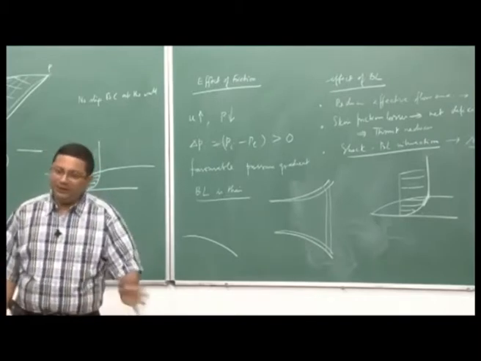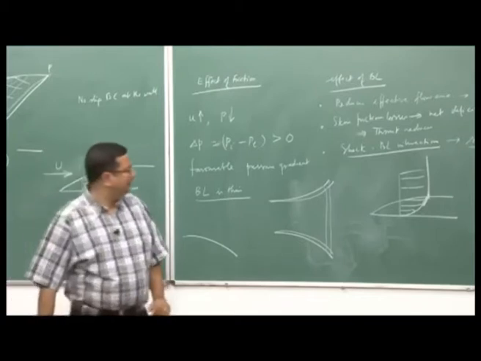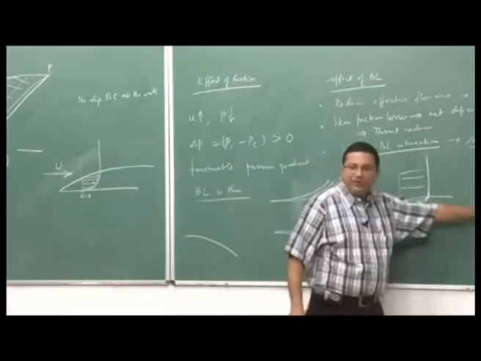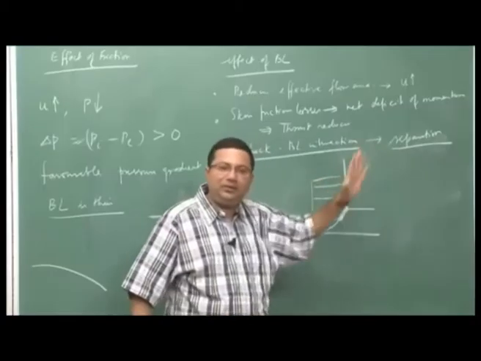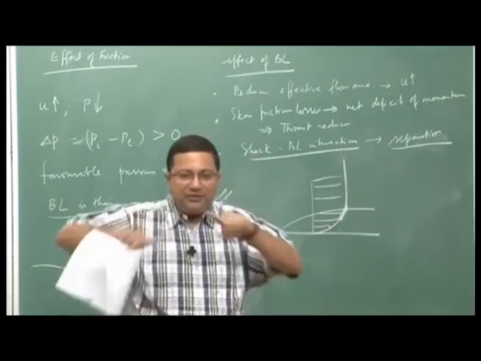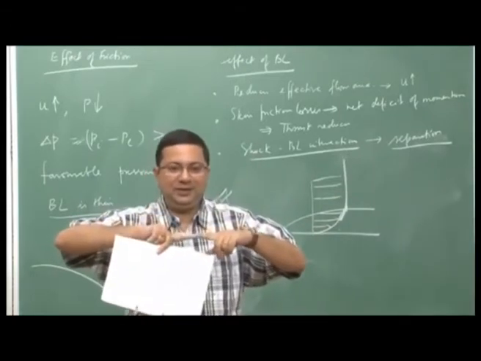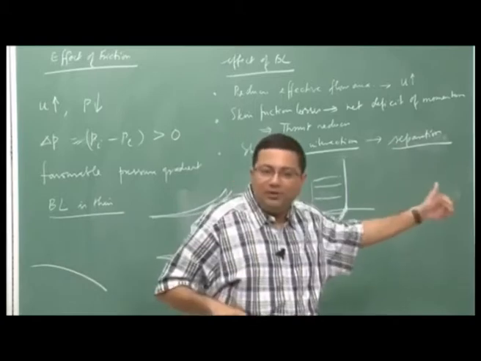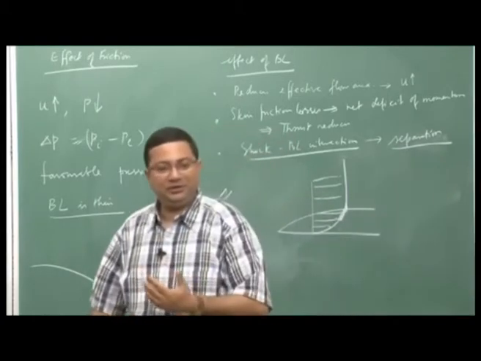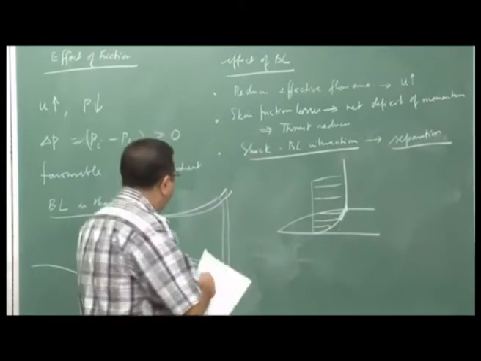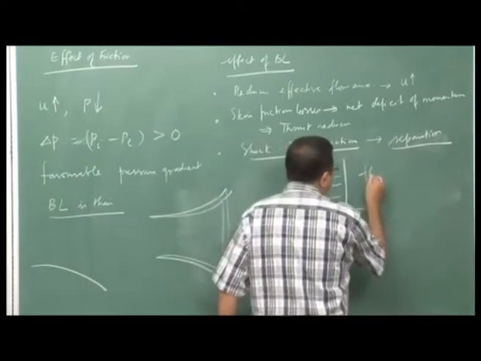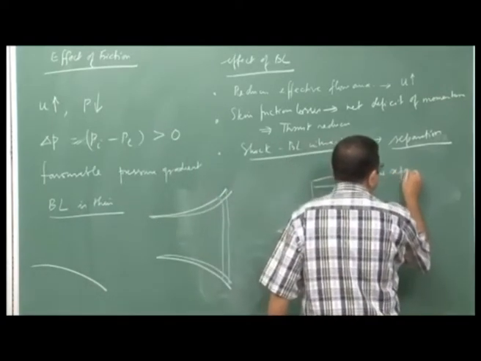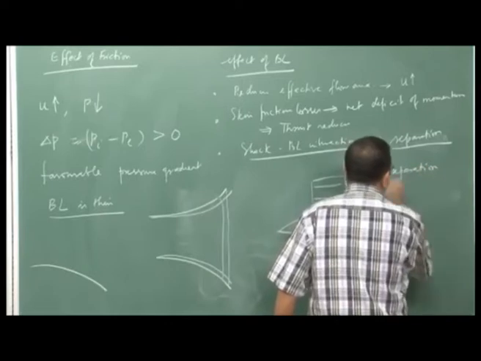So, now we have another problem, that we do not have the same pressure in the boundary layer and in the free stream. We have a pressure mismatch, and then we have an adverse pressure gradient in the boundary layer, which may lead to flow separation, right. So, all this can lead to flow separation.